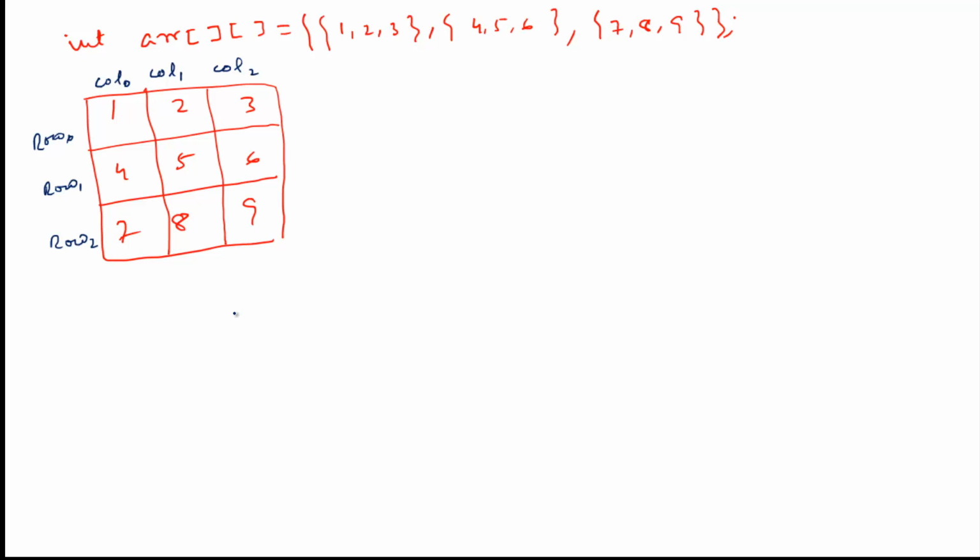How can I access the array elements from this two-dimensional array? If I want to access this element, how will I do that? Here the row is 0 and the column is 1, so it will print the 2.